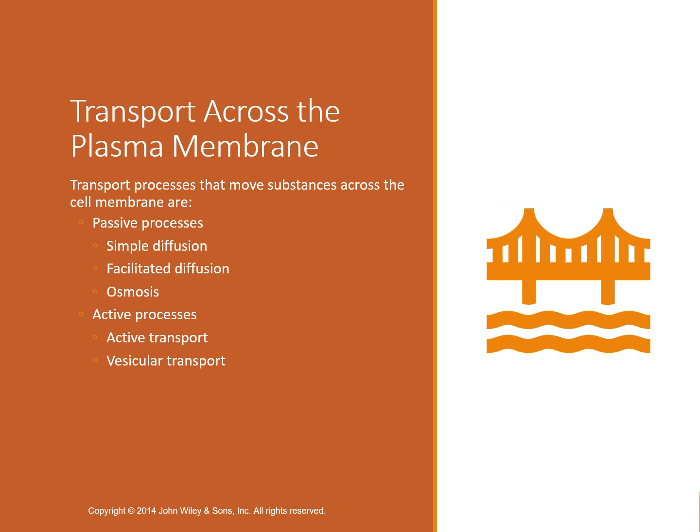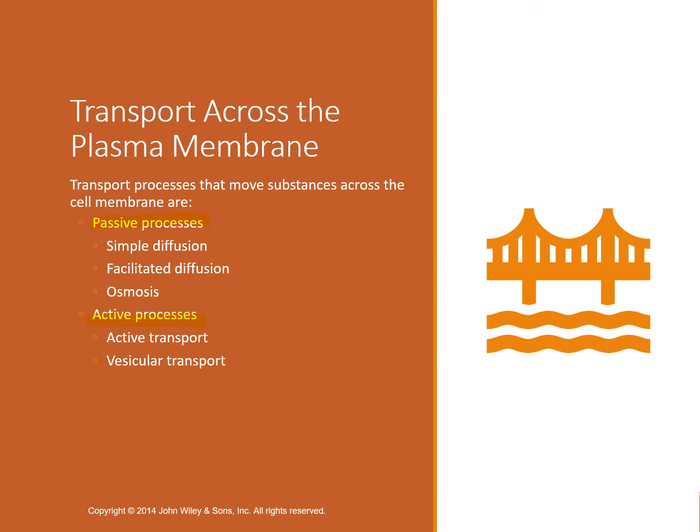Transport of materials across the plasma membrane is really essential for the life of a cell. Substances generally move across cellular membranes by transport processes that can be classified as either passive or active. So this is whether they need energy to move across the membrane.